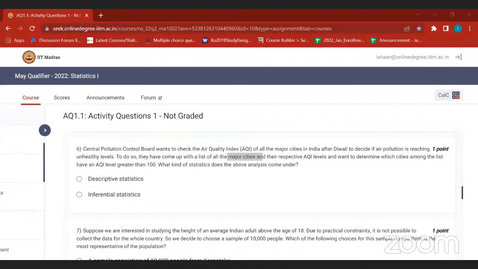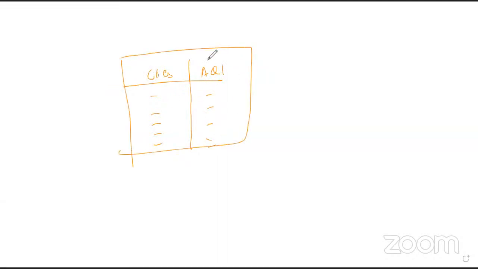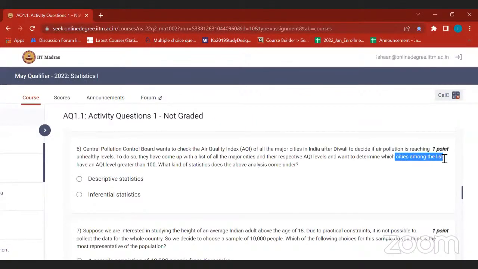So I made a list of all the major cities and their respective AQIs, and then in this data set it is saying determine which cities among the list have an AQI level greater than 100.